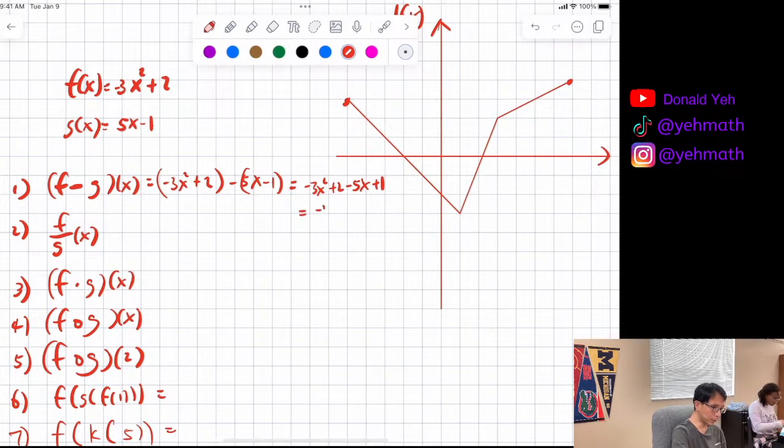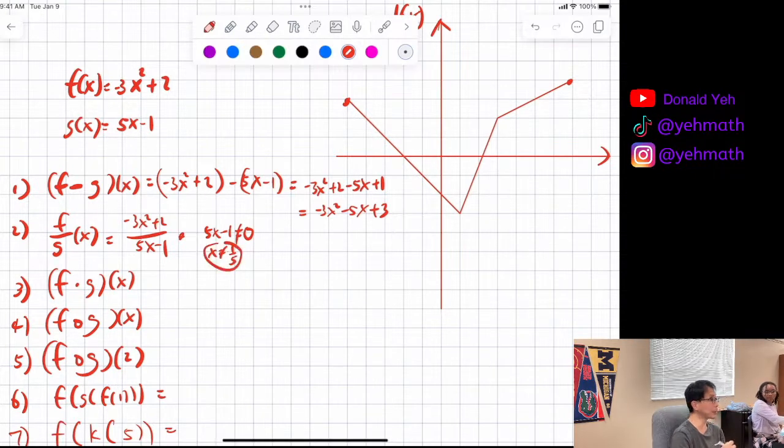So it's equal to negative 3x squared minus 5x plus 3. Is that okay? F over g, that's gonna be really easy. Then 5x minus 1 cannot equal 0. X cannot equal 1 over 5. You have to include that restriction.